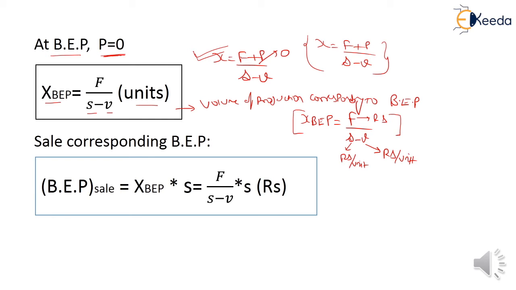Clear to all what is a break even point and which formula is applied if the examiner asks for the volume of production corresponding to the break even point, and for the volume of production corresponding to the profit P.